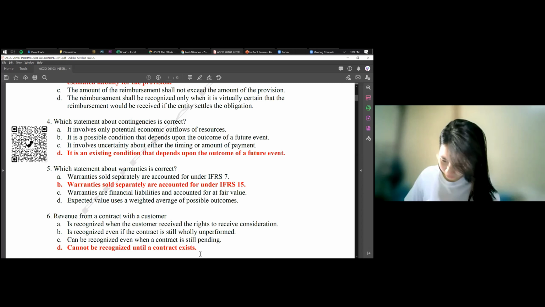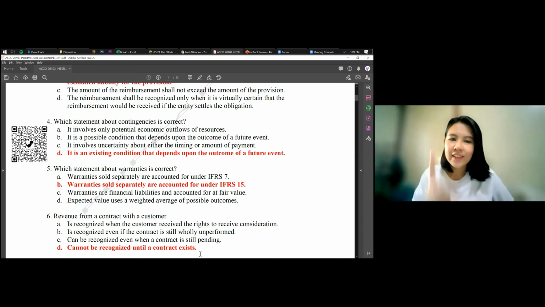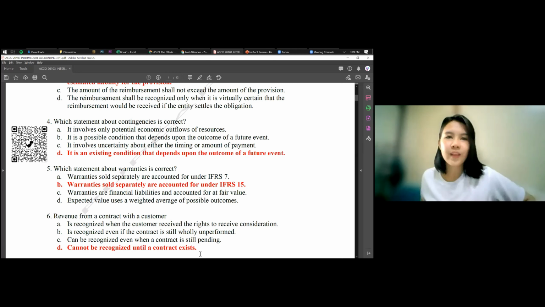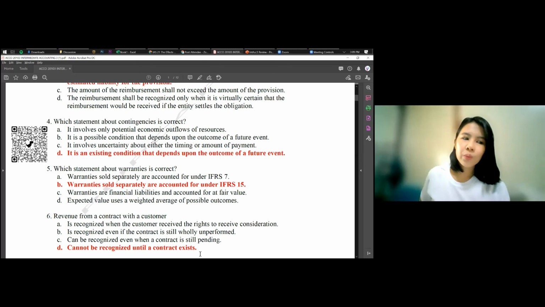We recognize revenue when the entity satisfies the performance obligations finally. So, ayun. Okay. First, we identify the contract with the customer. Next is we identify the performance obligation. 3, the transaction price. We identify that as well. For the fourth, we allocate the transaction price to the performance obligations.